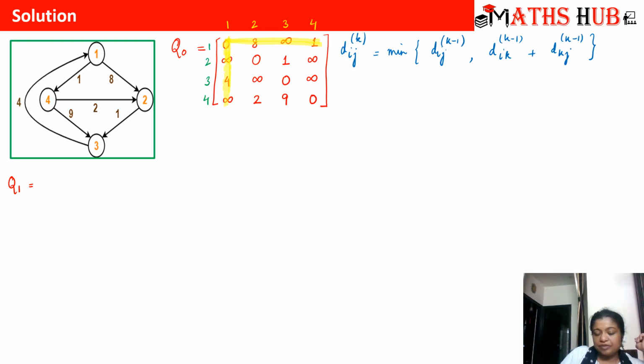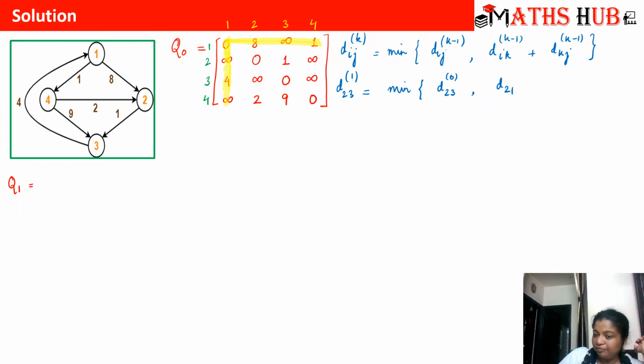So D23 in the first weight matrix, Q1, is the minimum of, according to the formula, D23 in the previous matrix, comma, D2k plus Dk3. What is k here? k is 1.